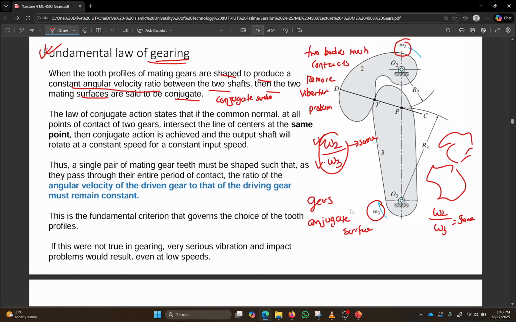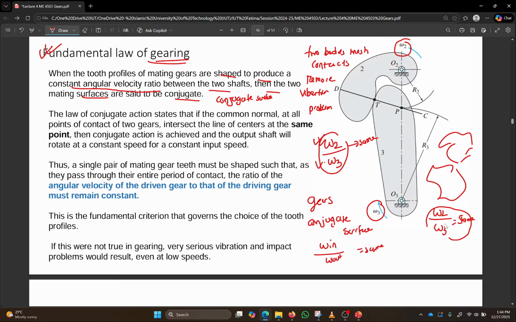That means the ratio of velocity between input and output will always be the same, no matter what the values are. Now there is a law that states how a conjugate surface ensures that this velocity ratio remains the same.